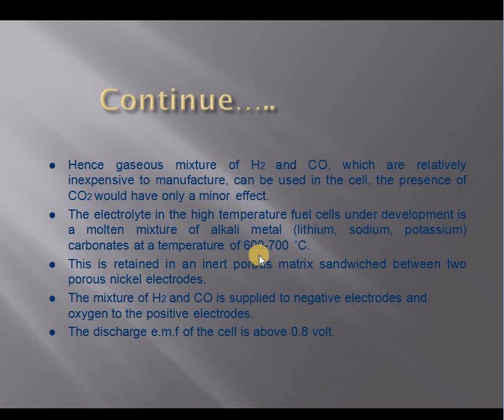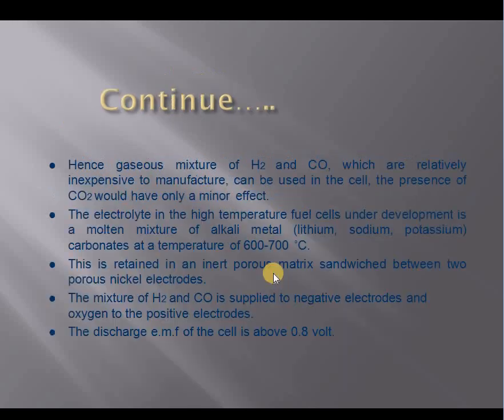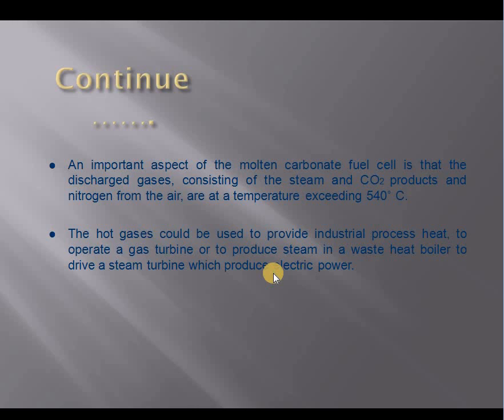So the mixture of carbon dioxide, carbon monoxide and hydrogen is supplied at the negative electrode, and oxygen at the positive electrode. The EMF which is being produced near the load is 0.8 volts.